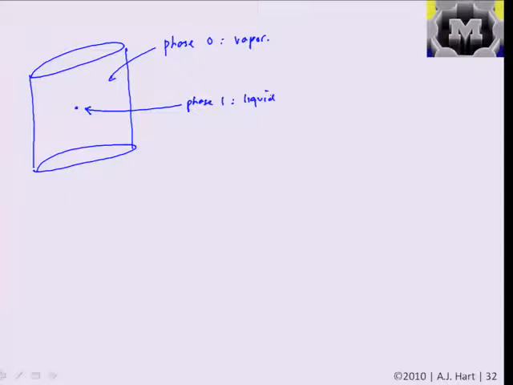So this could be a container filled with water vapor where we're getting little liquid droplets, or it could be a container filled with metal vapor where we're getting droplets of that liquid metal. And we're going to derive, for example, the total change in free energy, delta G total, that's needed to form one particle.